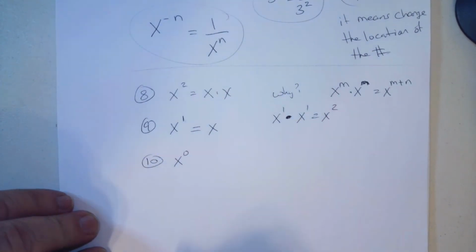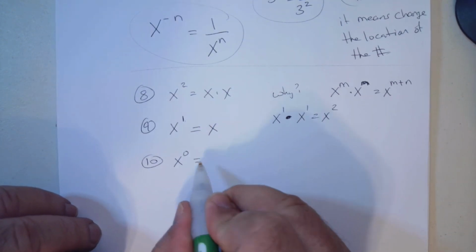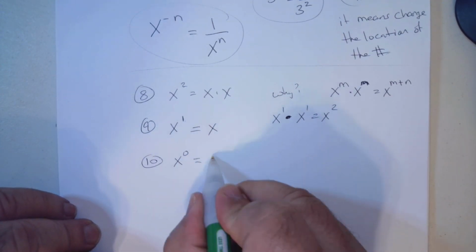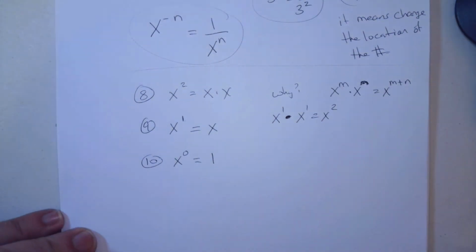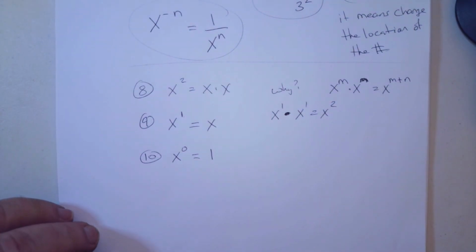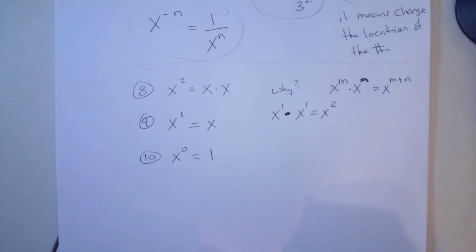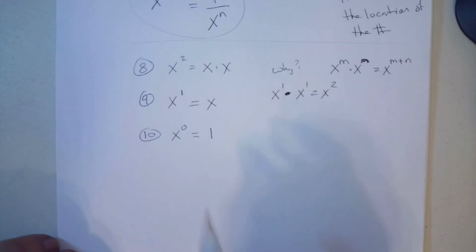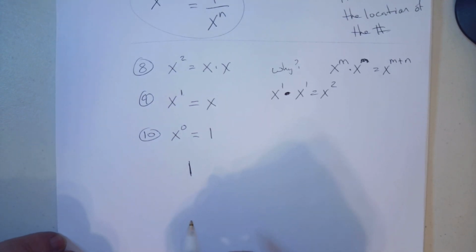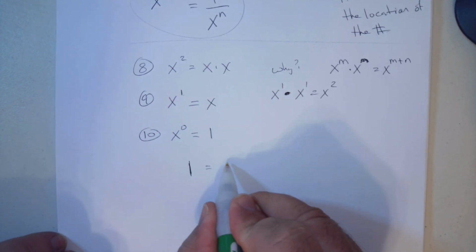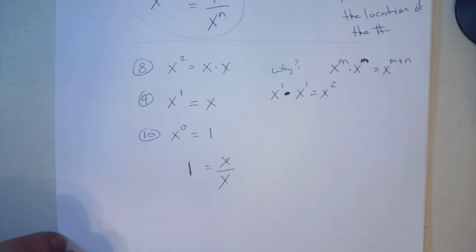Which then brings us to our last. Anything to the 0 power. It's 1. Why? Let's see. This is a formal proof. What equals 1 in mathematics? Anything over itself. 3 over 3, 5 over 5, x over x.